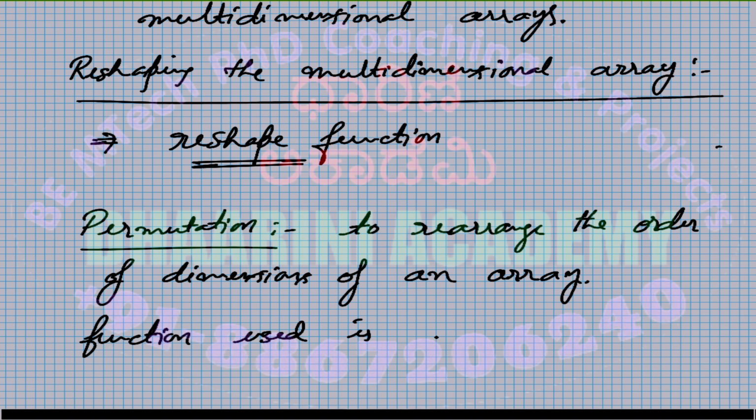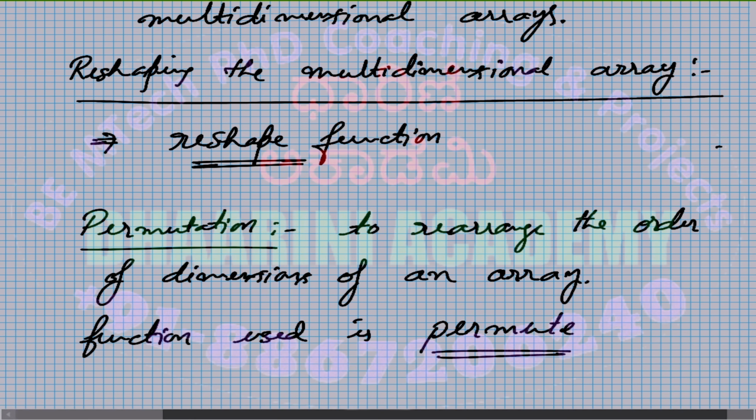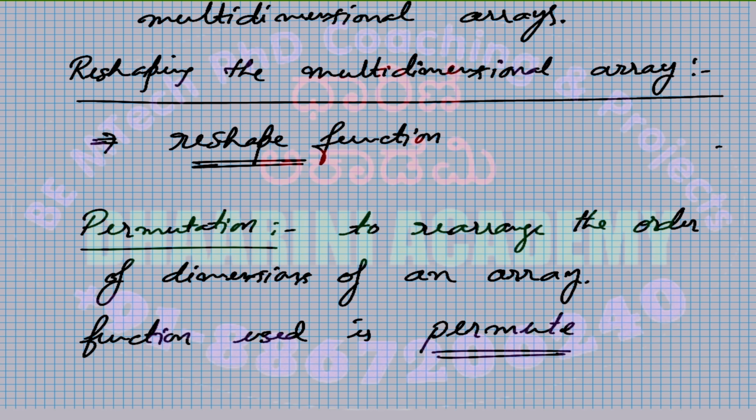It's called permute, P-E-R-M-U-T-E. Permute is a function. Right. Now I have to interchange the rows, but keep the pages the same.